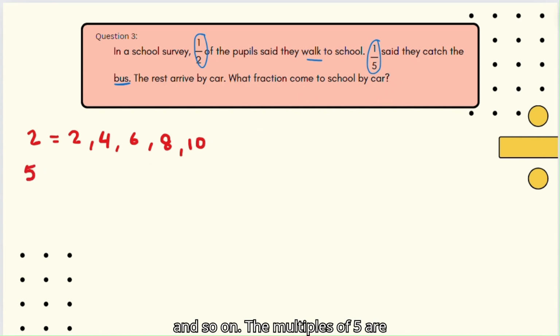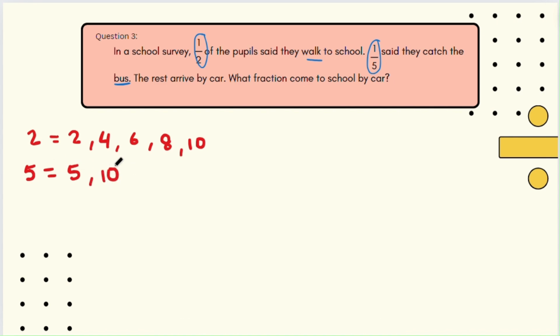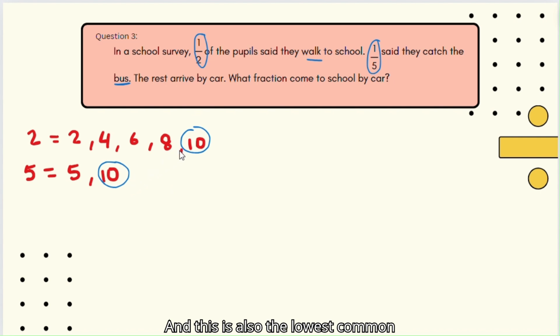The multiples of 5 are 5, 10, and here we have a common number, which is 10. And this is also the lowest common multiple because there's no other multiple common to both numbers before 10. So our LCM is equal to 10.